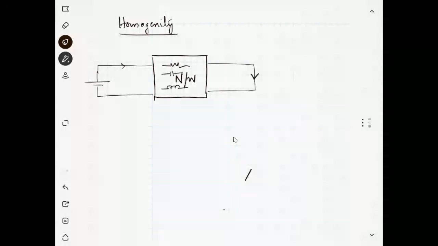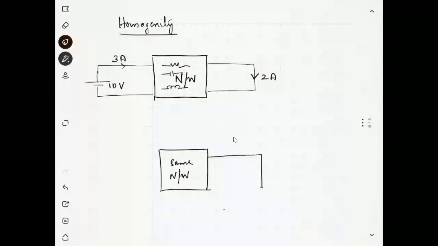The current through that branch is 2 ampere, and the current through this input is 3 ampere, and you apply 10 volt.